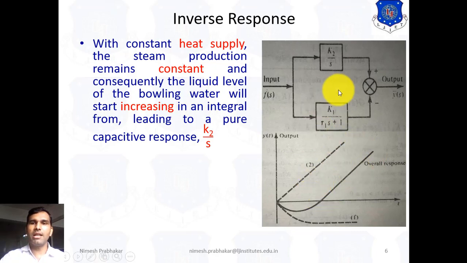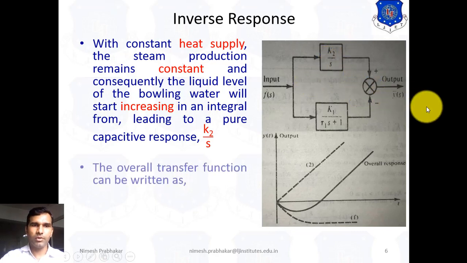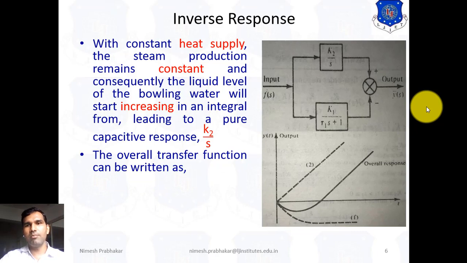So this is the mathematical model of this boiler drum system. Here this block represents the inverse response block, and this represents the continuous heat supply block. So the overall transfer function can be written as follows. Here we connected these blocks in parallel form, and as per the rules of block diagrams, if we connect two blocks in parallel, the overall response is the summation.